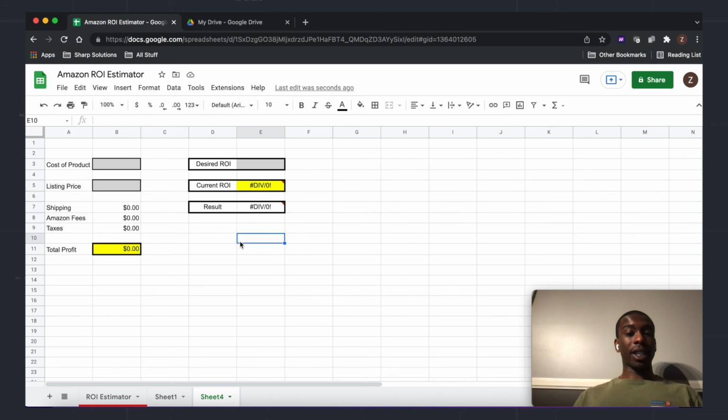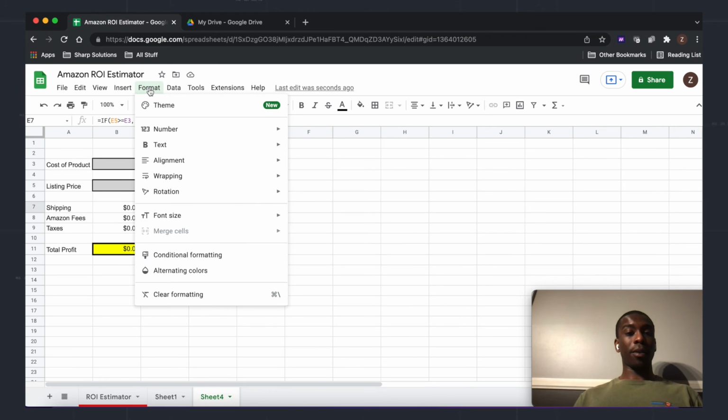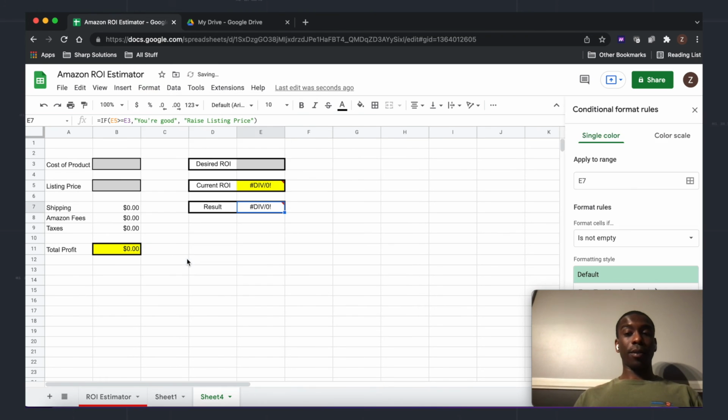And the last thing to do is to conditionally format this cell so that we are showing green when we're good and red when we need to raise the listing price. So again, I'll select this cell, come up here to format, come to conditional formatting.